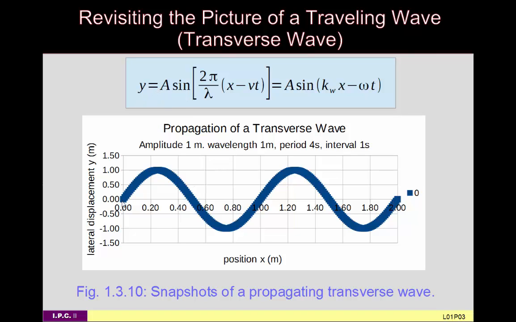And we said that this function is described by y equals A sine of 2 pi over lambda times (x minus vt), or A sine of (kx minus omega t), where lambda is the wavelength, the distance from one peak to the next or from one trough to the next. v is the speed of this wave, A is the amplitude, meaning the maximum displacement, and omega is the angular frequency.